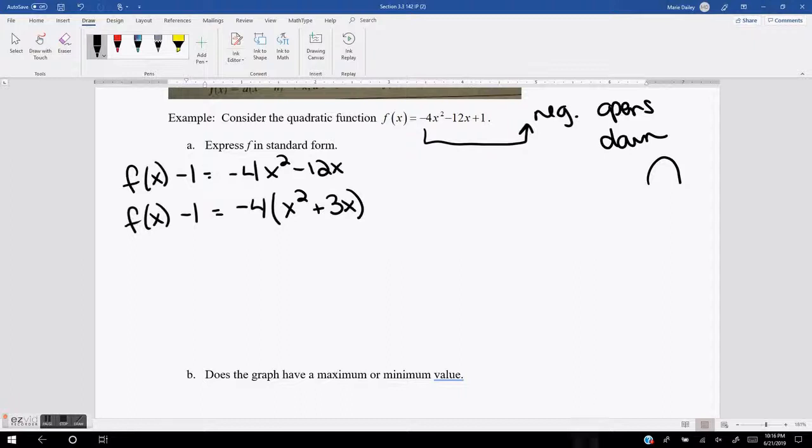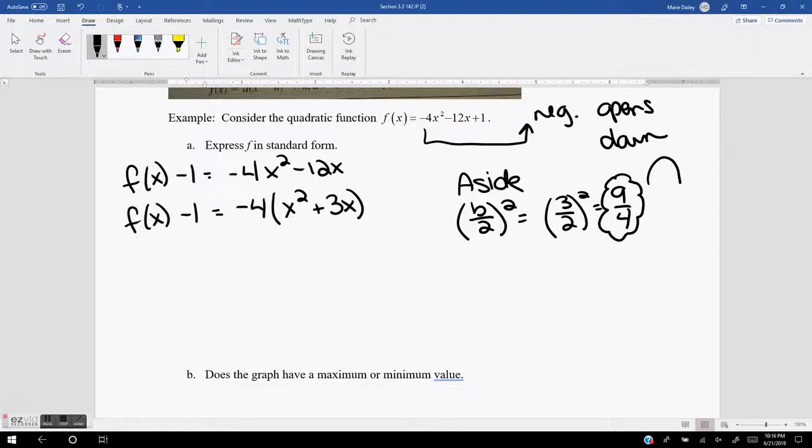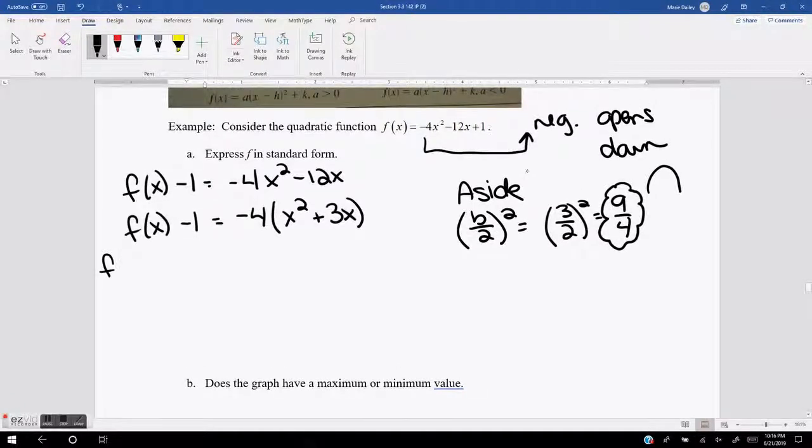Now, just like before, we're going to create an aside. And again, that's going to be b over 2. We're going to square that. This gives me 3 over 2 squared, which gives me 9 over 4. So there is going to be my magic number. Now remember, since we factored out that negative 4, this goes on the inside of those parentheses, okay?